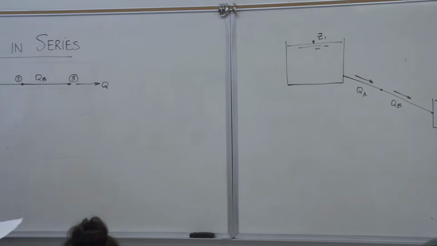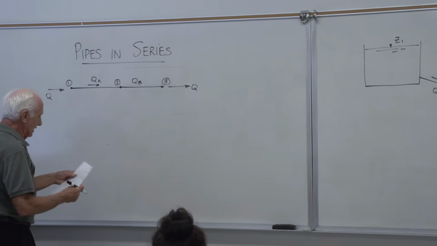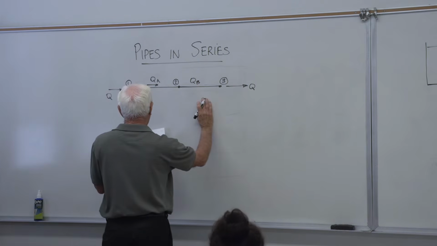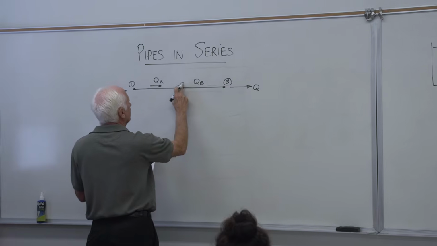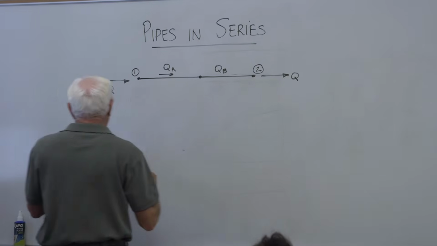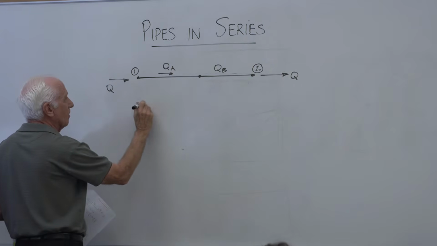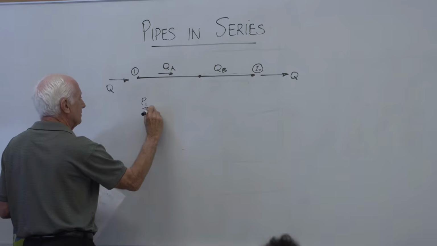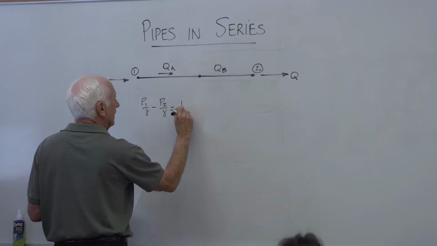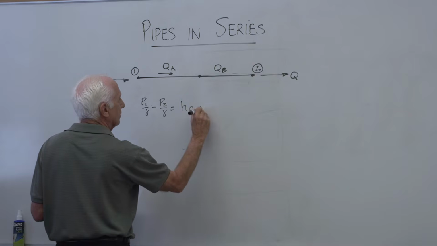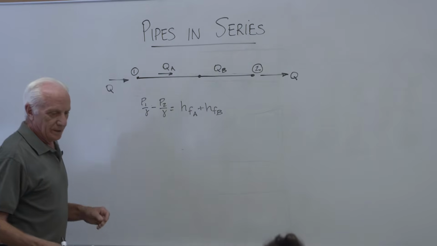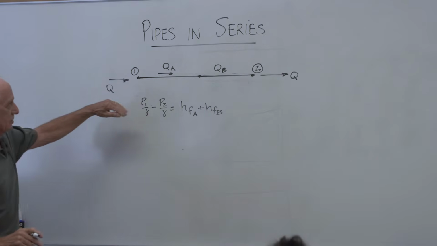Let's take this one first. We can write the energy equation from 1 to 2: P1 over gamma minus P2 over gamma is equal to HF of pipe A plus HF of pipe B. We neglect the difference in kinetic energy between 1 and 2.